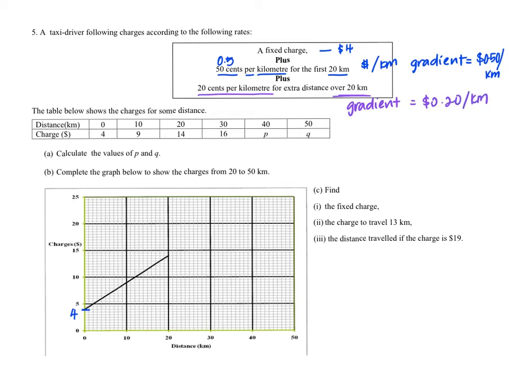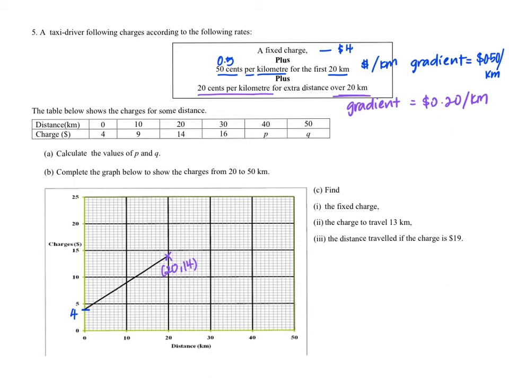Now there is a particular point to consider. The first one over here, I will have this point 20, and what is the price over here? This is $14. And then to another particular point, I do not know where, but the gradient is 0.20.